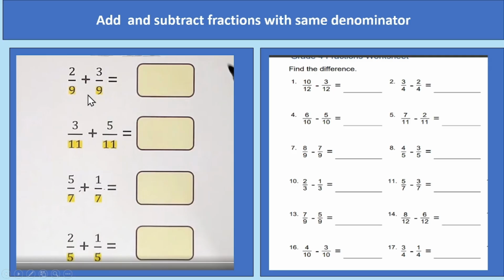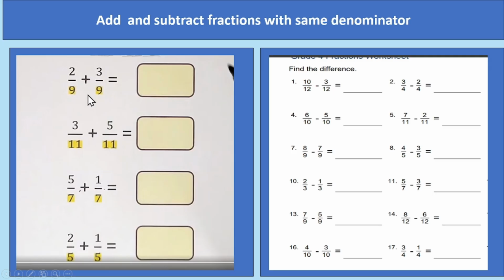Another example, we have 6 tenths minus 5 tenths. So we will determine 6 minus 5, which will be 1 in the numerator, and the denominator will be the same, which is 10, and it will be 1 tenth.